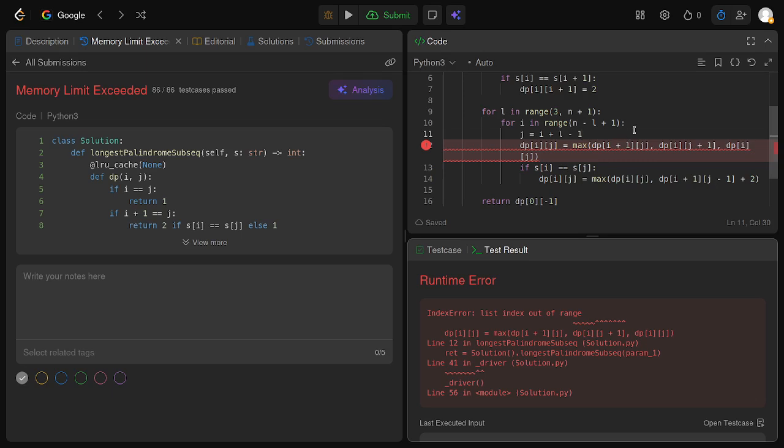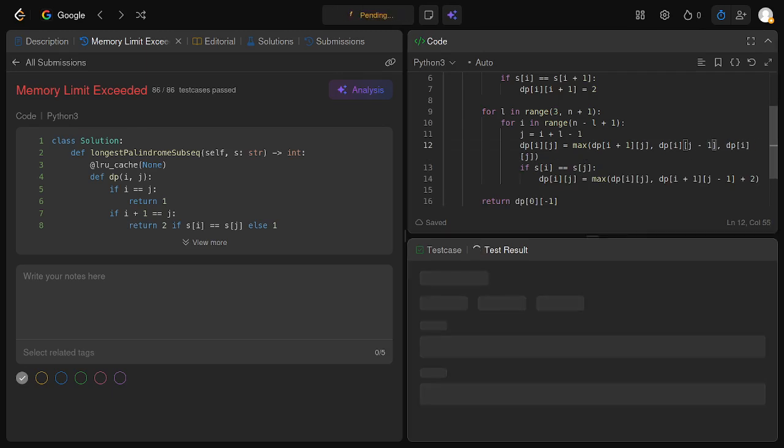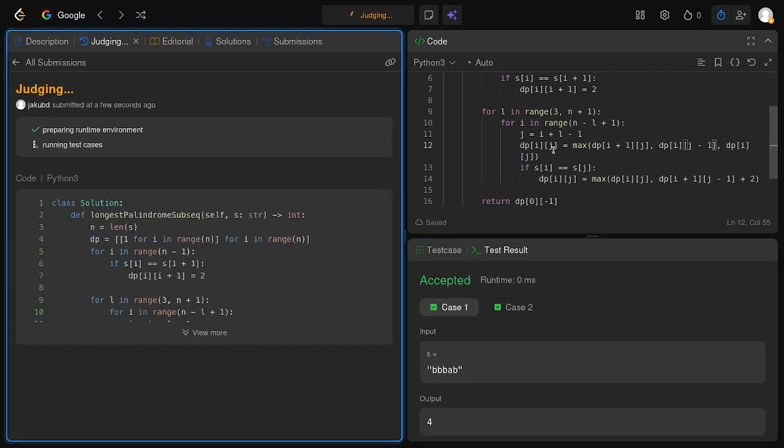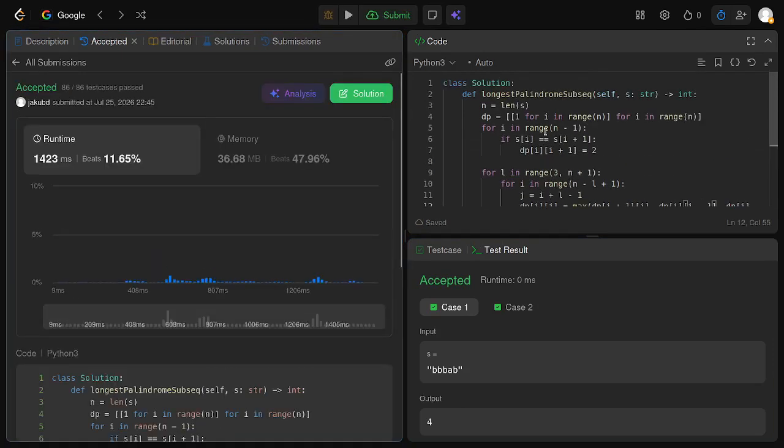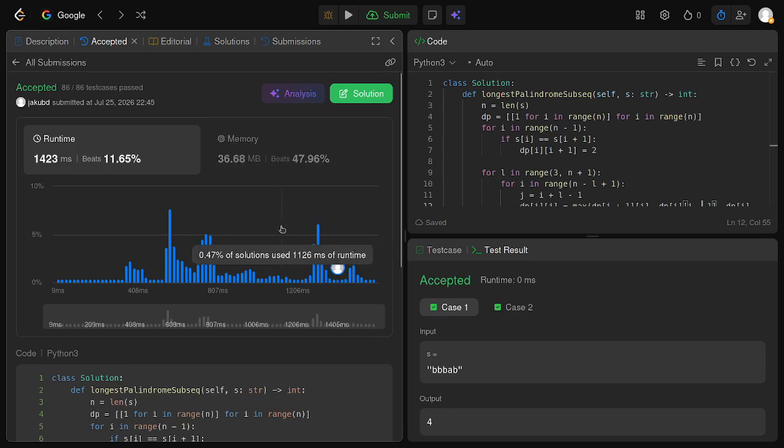Because let's say if it's 3, then it should be 0, 1, 2, and we do 0 plus 3 minus 1. That should work, I guess. Oh, because there should be minus 1 here. Okay, this should pass. Okay, this works. But the fact that I got memory limit exceeded on that is absolutely insane.